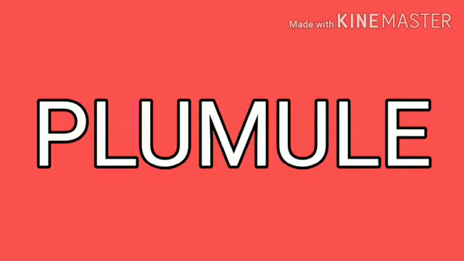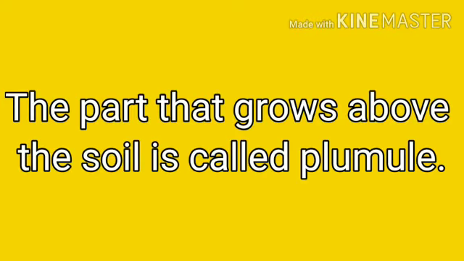Now we will see the second part, that is plumule. Now we will see the definition of plumule. The part that grows above the soil is called plumule. Now in detail, I will explain this one. Plumule is the part that grows above the soil.